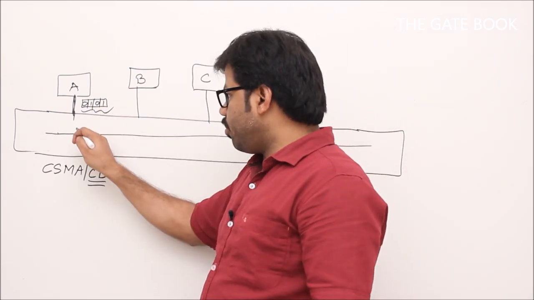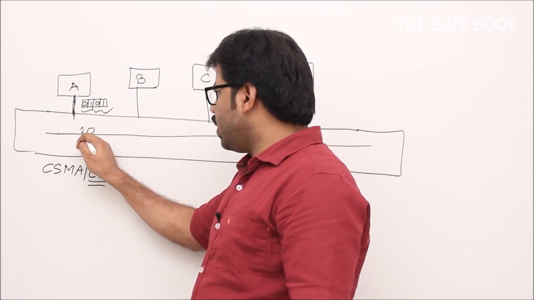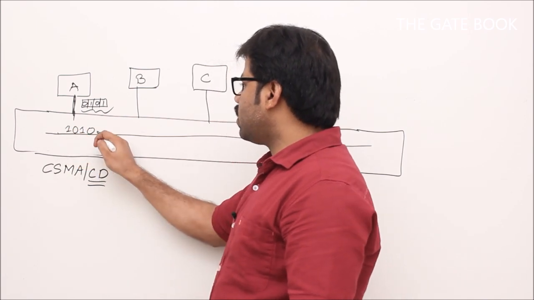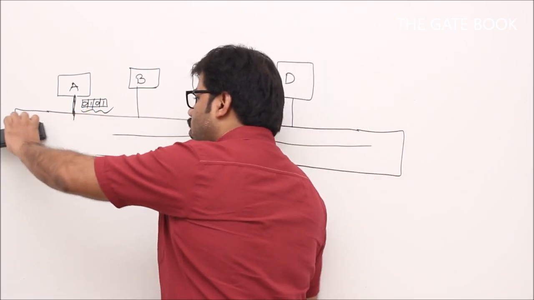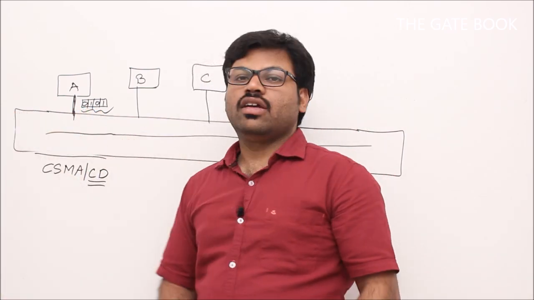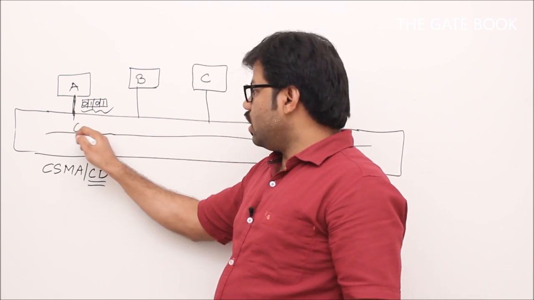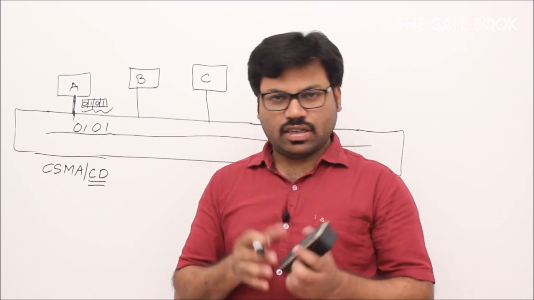First it sends 0, after that 1, after that 0, after that 1, correct? See the situation. What is our goal finally? Capability of detection, right? How to detect whether this 0101 is going to successfully reach the destination or not.